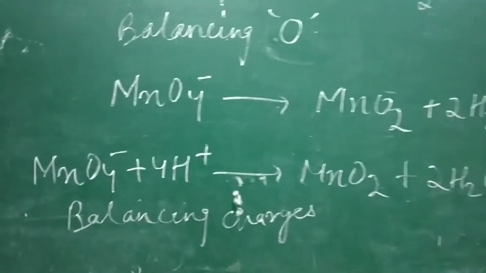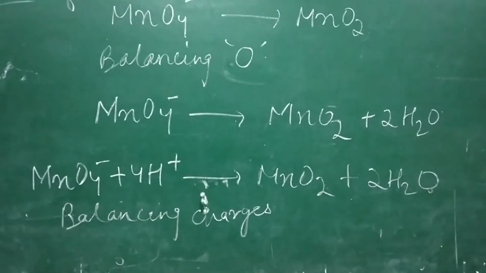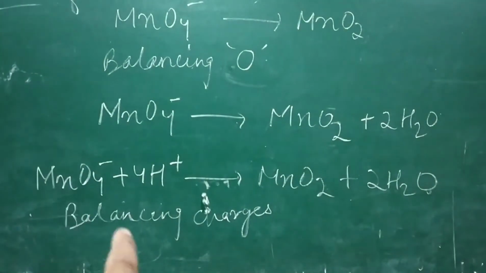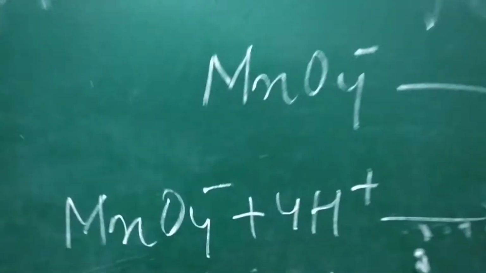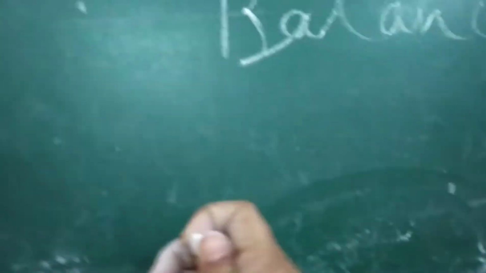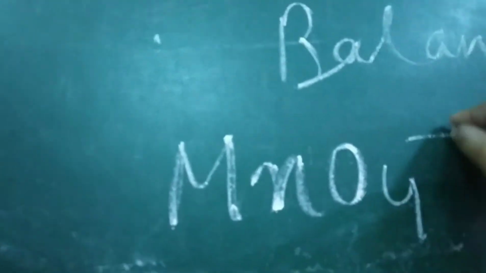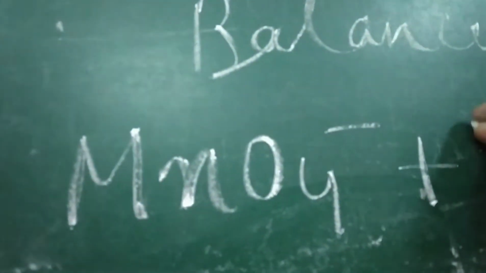We have to balance them with the help of electrons. So on the reactant side it is +3, on the product side it is 0. So we will add electrons on the reactant side so that the charge becomes equal. So MnO4 minus plus 4H plus plus 3 electrons giving MnO2 plus 2H2O.